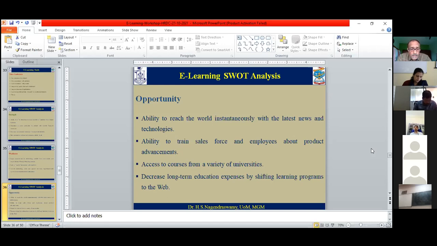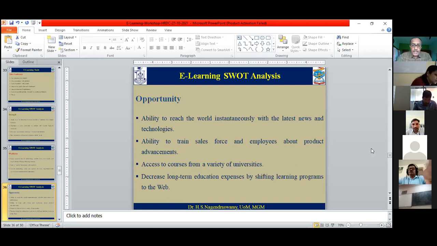If something happens in USA or UK, in Australia, in the next few seconds it will reach your WhatsApp, right? That is the speed at which we now access the entire globe. Because of this technology, anything can reach instantaneously with the latest news and technologies. That's the ability.